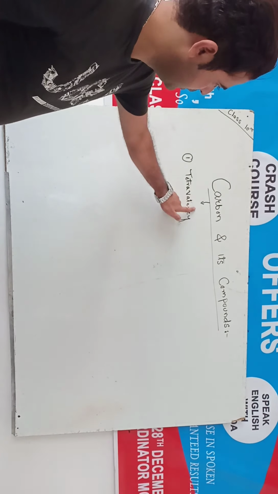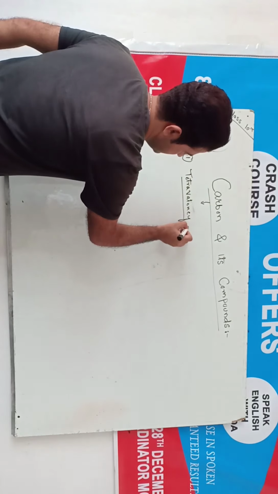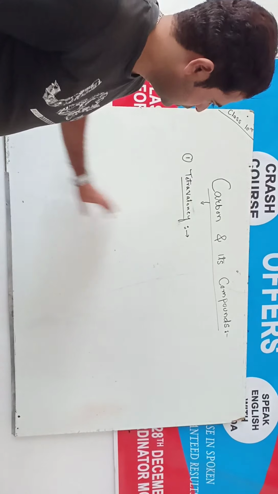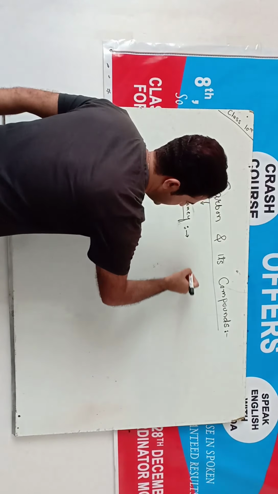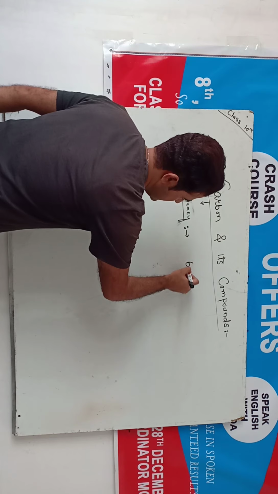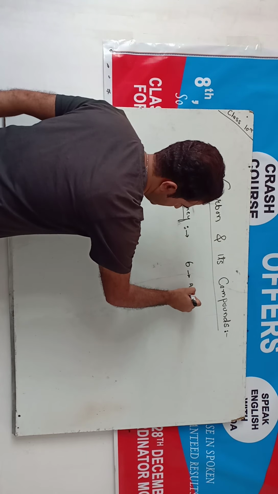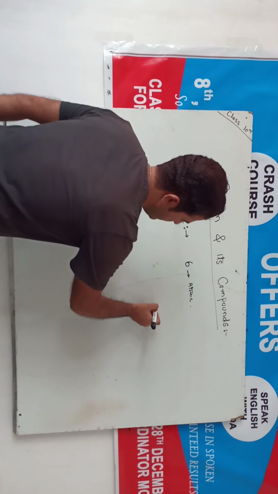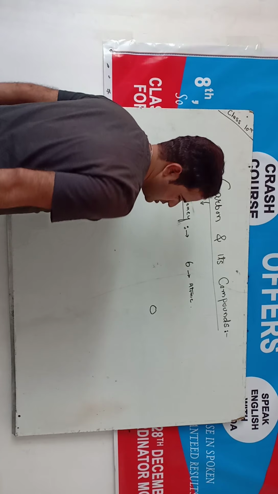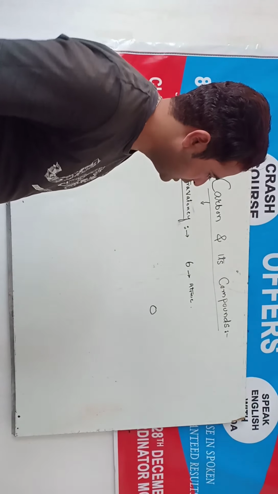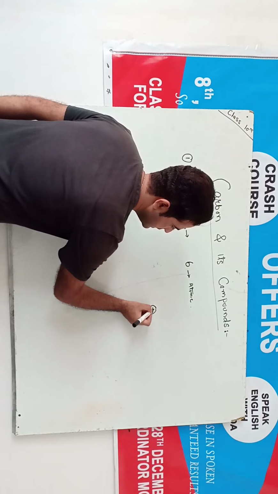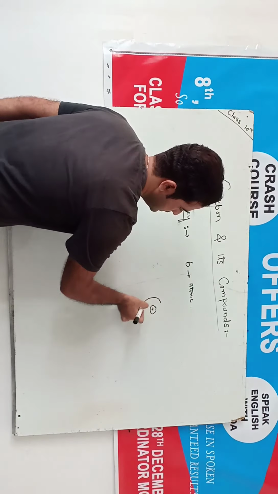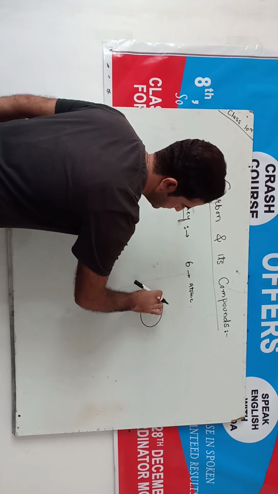Tetravalency of carbon. What does this tetravalency mean? Carbon, as you know, its atomic number is 6. Here, I will draw the structure of a particular carbon atom. This is the nucleus, and these are the shells.